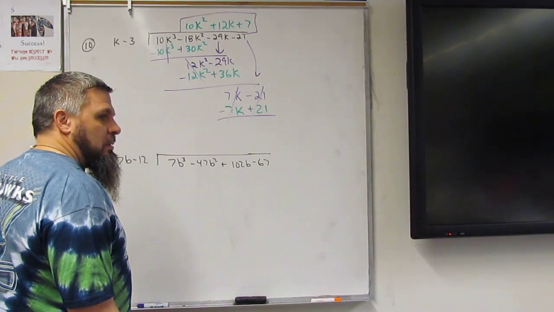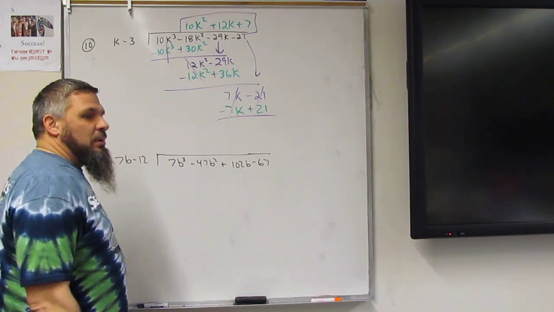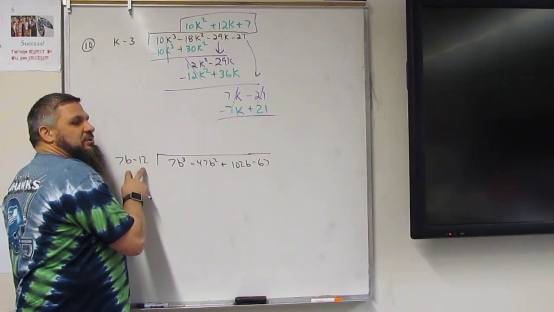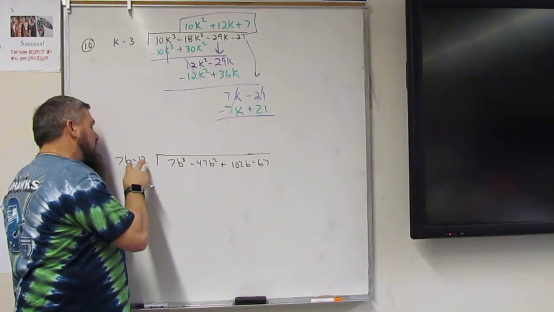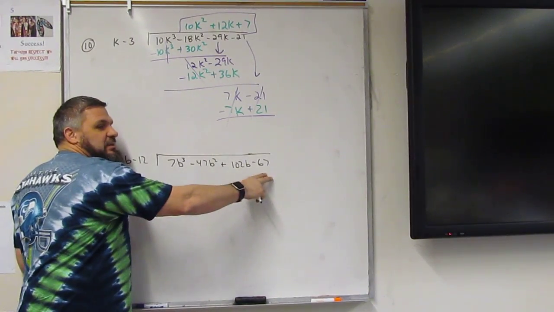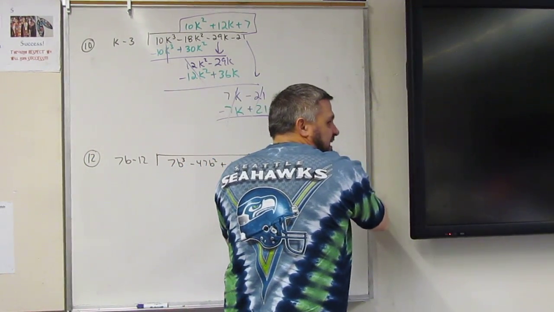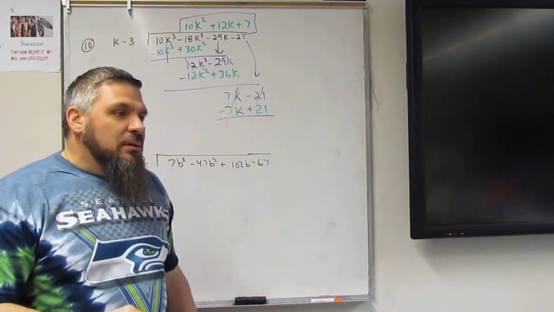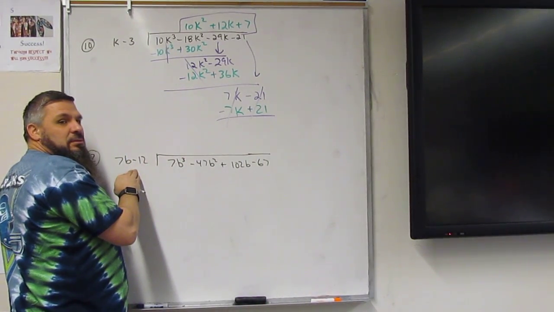The first 7B. The very first. No, I rewrote it. I put the binomial first. Right? And the reason why is because I want this to divide into this. They put it like this, and then they put this on the other side. And it's confusing. But I want to put the binomial in front.